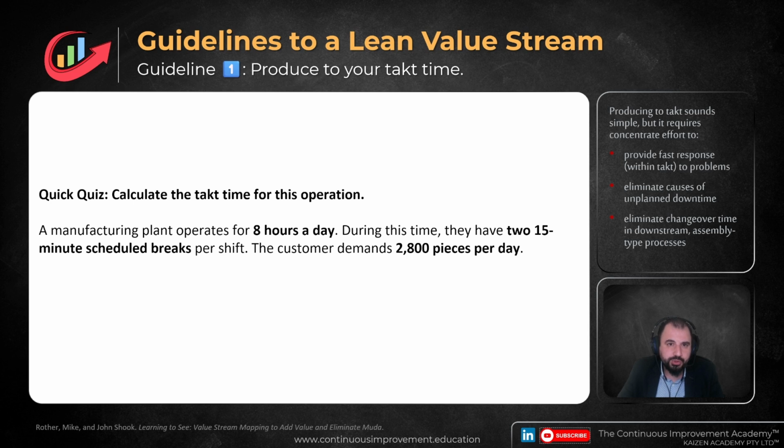Okay, right. So let's test your understanding of takt time, drawing on the principles that we have discussed. Calculate the takt time for this operation. A manufacturing plant operates 8 hours a day. During this time, they have two 15 minute scheduled breaks per shift, so 30 minutes of break per shift.